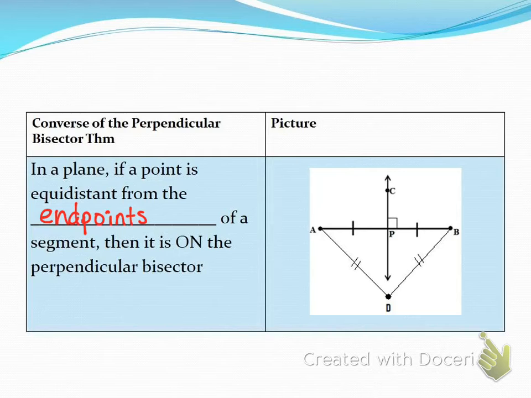So this time they gave us a different point that was equidistant. So if point D is equidistant from those endpoints A and B, then we could conclude that D is on that line CP, because that is still the perpendicular bisector in this case.